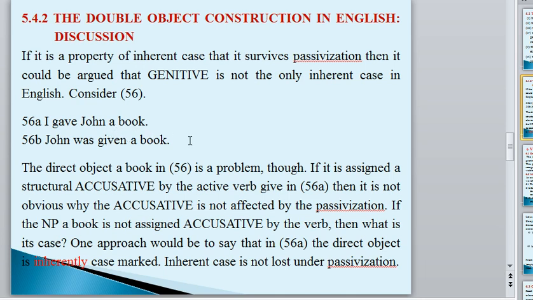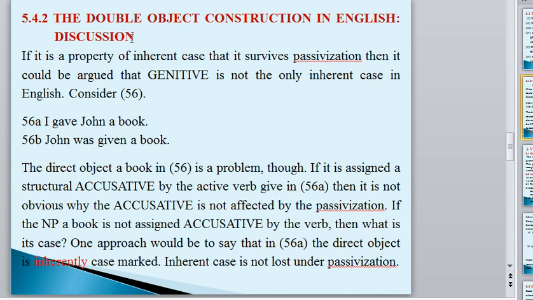One approach would be to say that in this sentence the direct object is inherently case marked. So when we have a double object, one of them is assigned a structural case, and the direct object is inherently case marked. So inherent case is not lost under passivization.